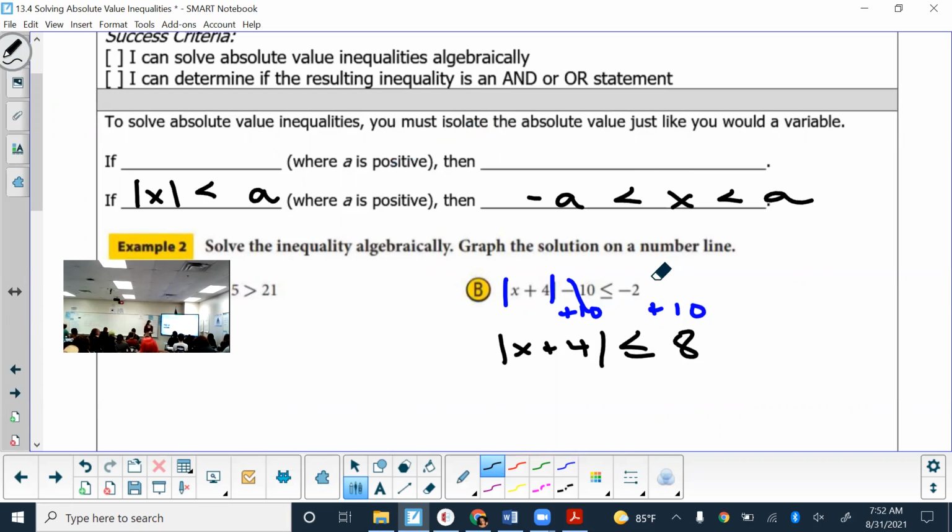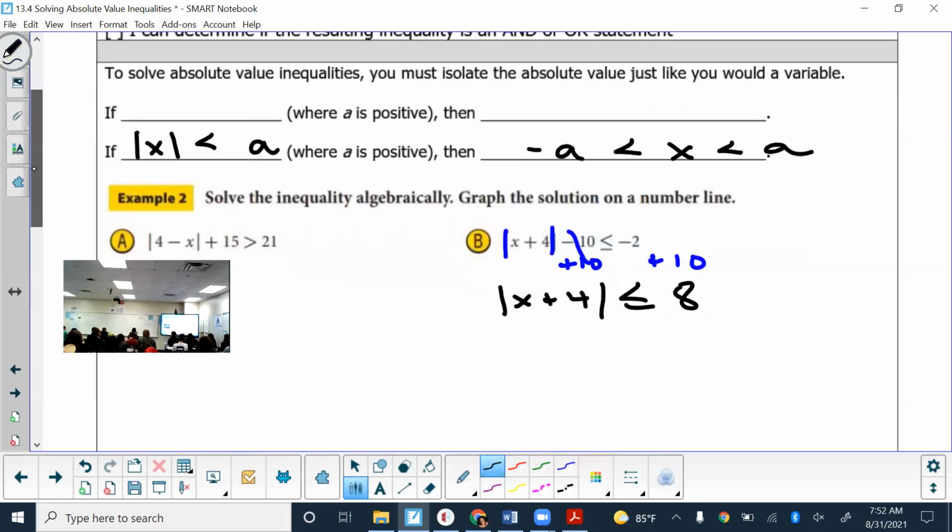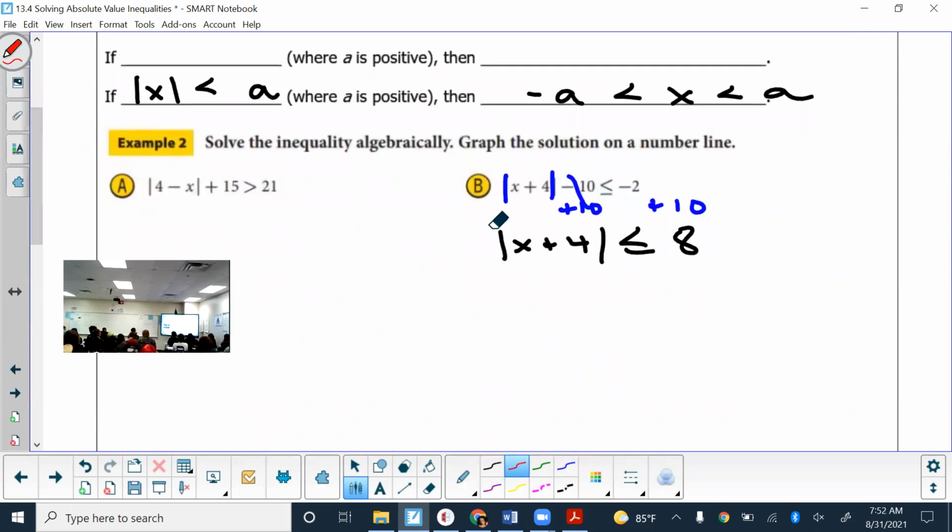So when we're setting this up and we need to split it into the 2 separate problems, it's going to look like this. One will be where we just drop the bars, so keep the sign the same.